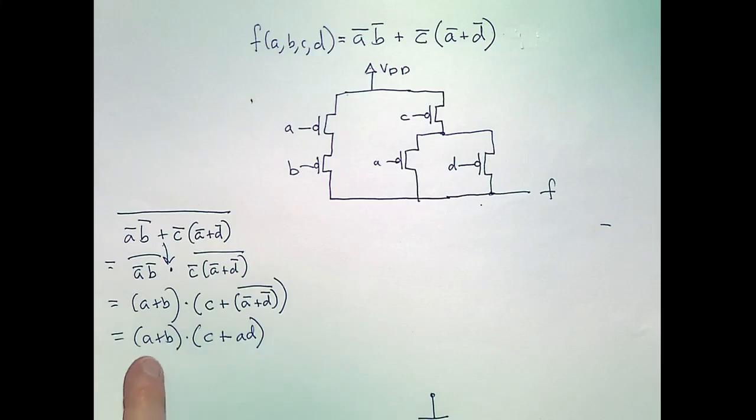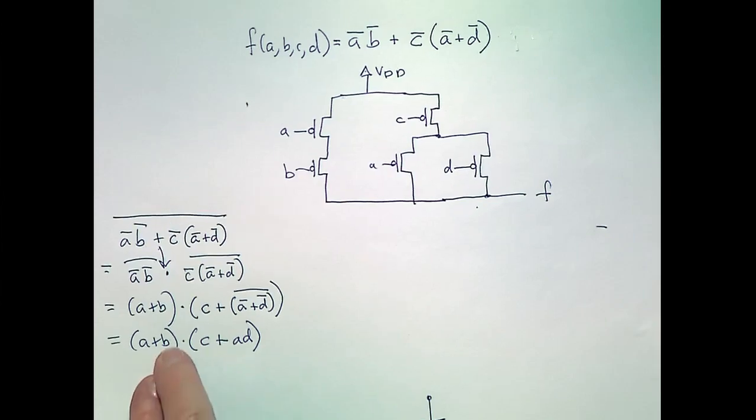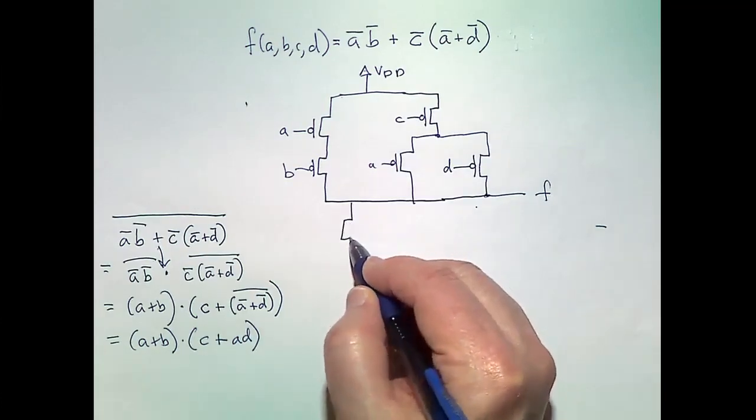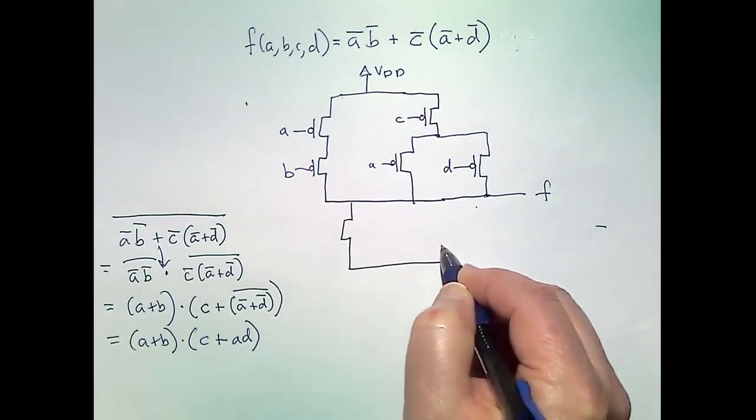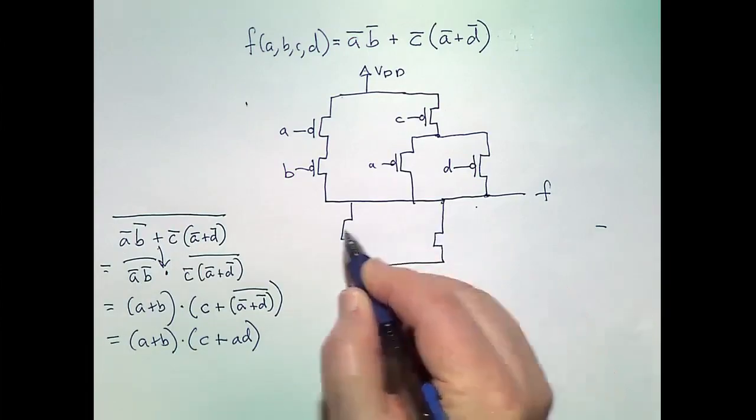We have an AND, so we'd make two networks and connect them in series. So what would this one look like? A and B side by side. Right, okay, so A and B.